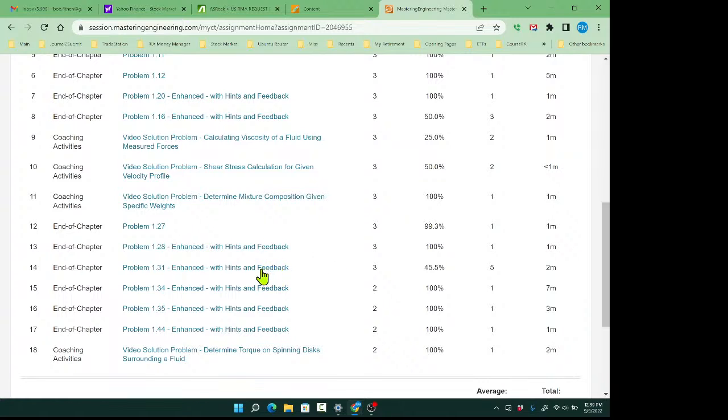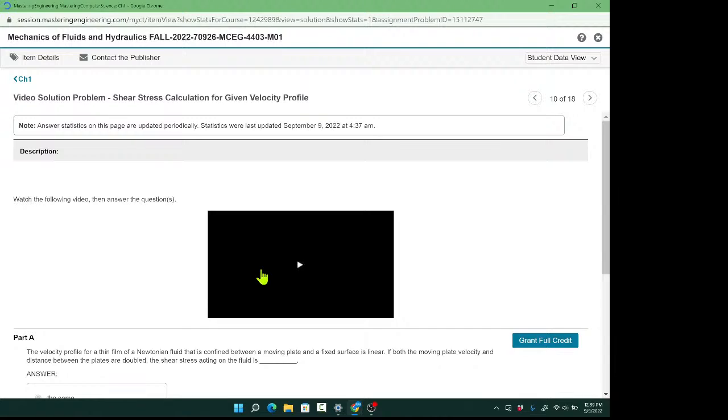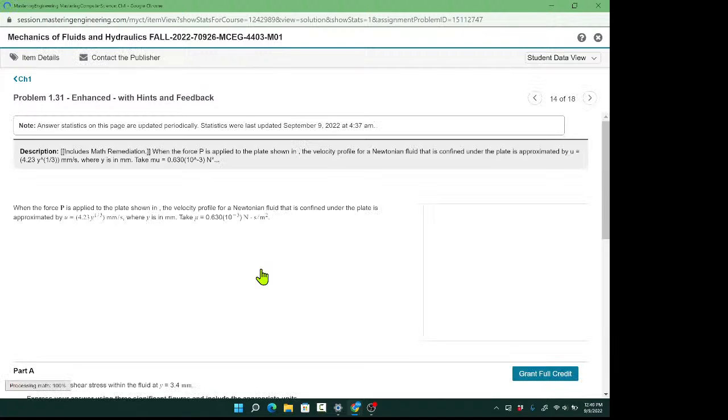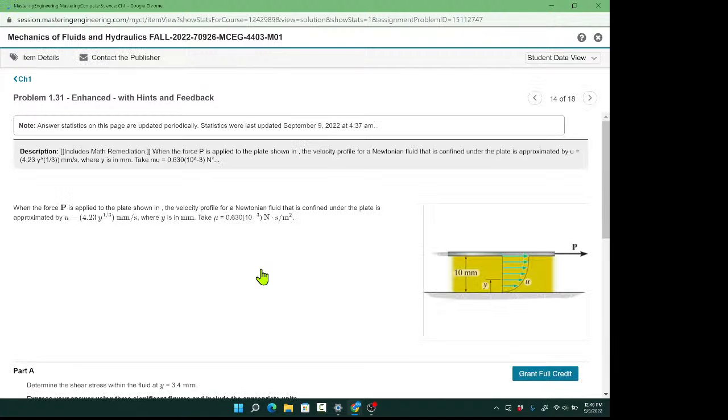Here's one that apparently is problematic. Let's look at that one. Okay, so there's a force pulling this. There's a little parabolic profile. Looks kind of weird.